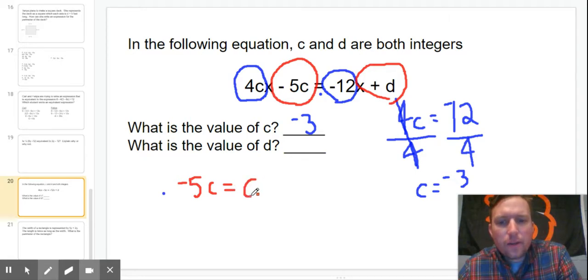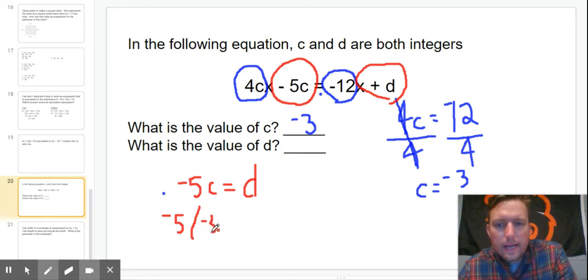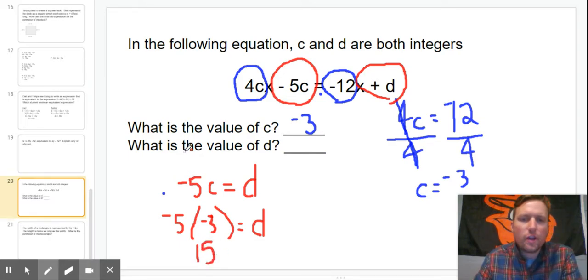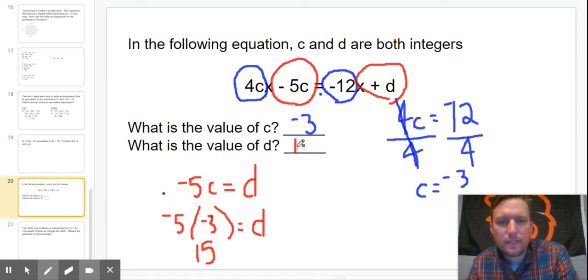We know the value of c, which we've already figured out, is negative 3. So I would have negative 5 times negative 3 equals d. And I know that a negative times a negative is a positive. It would give me 15. So the value of d would be 15.